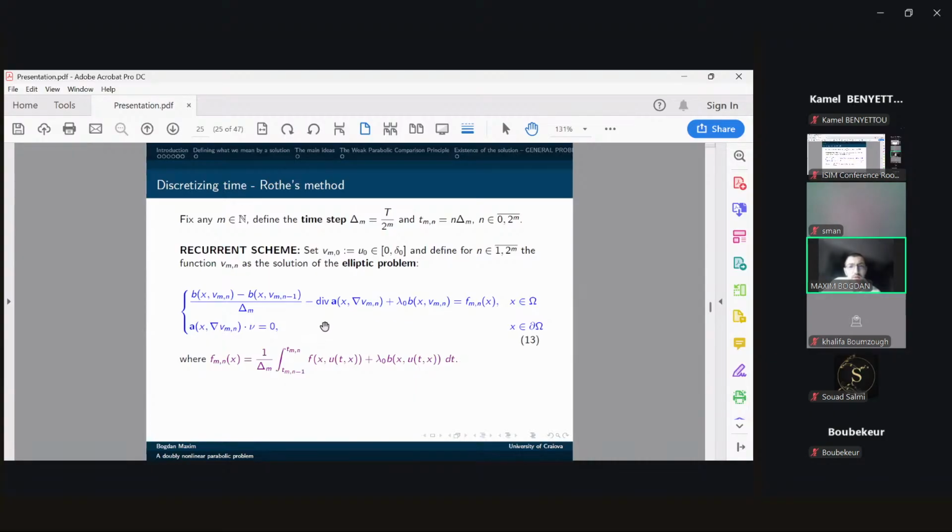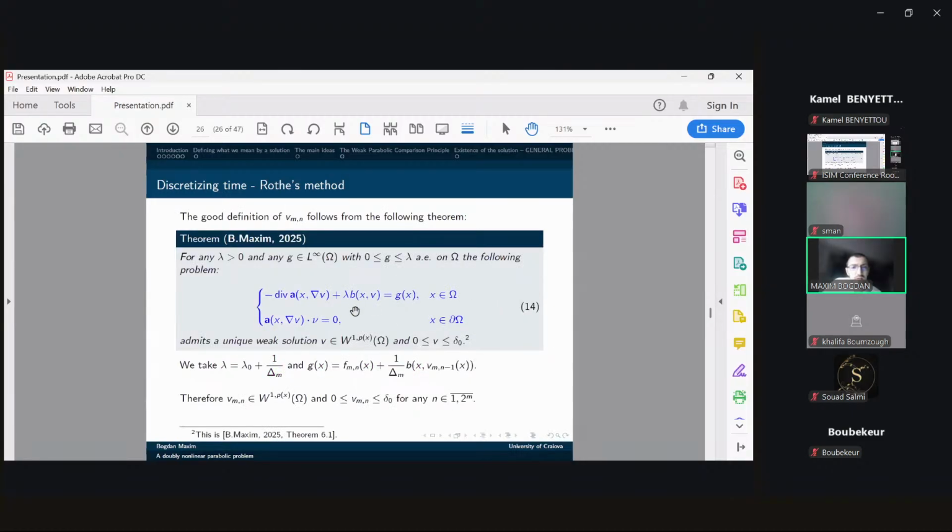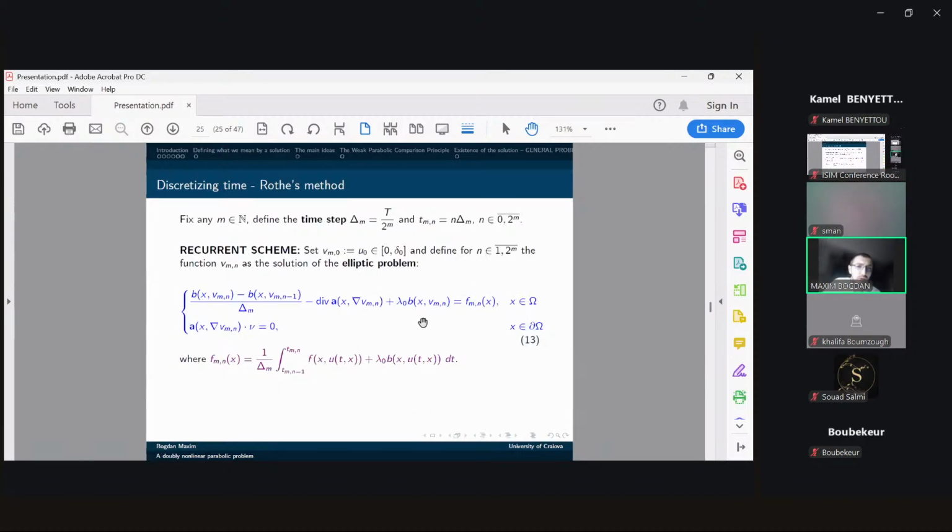To deal with the doubly nonlinear parabolic problem, we need to discretize the time derivative, and making this difference quotient here makes us work with an elliptic problem, which is simpler to deal with. This was done by me in a previous article, and I used the results from there to solve this elliptic problem.